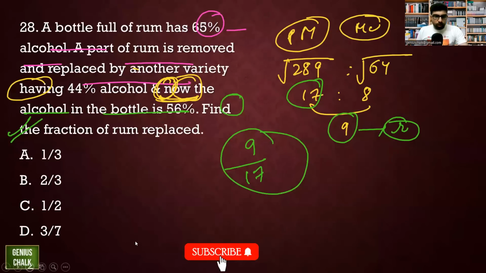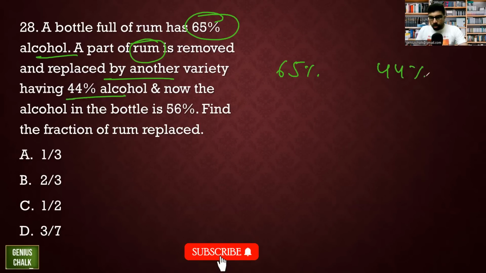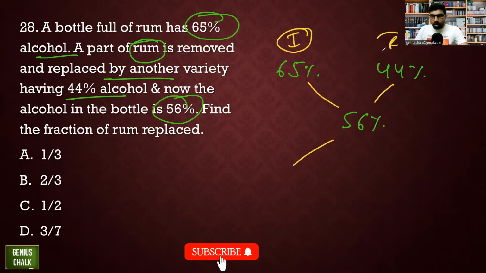All right, last question. A bottle full of rum has 65% alcohol. Fine, 65% alcohol. Part of the rum is removed and replaced with rum having 44% alcohol, and now the total overall is 56% alcohol. That means what I am left with, this is initial, this is the part replaced.